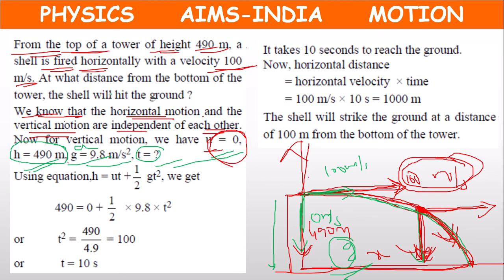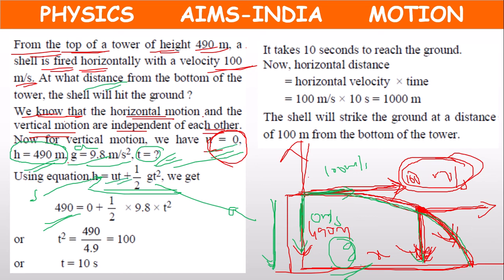Actually we have to find the distance, but let's find time first. We have the equation s equals ut plus half at squared. In place of s we are keeping h, in place of a we are keeping g. So h is nothing but 490 meters, the vertical distance covered by the body while reaching the ground.